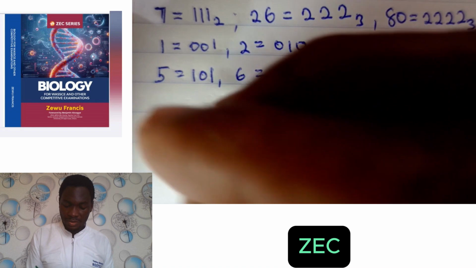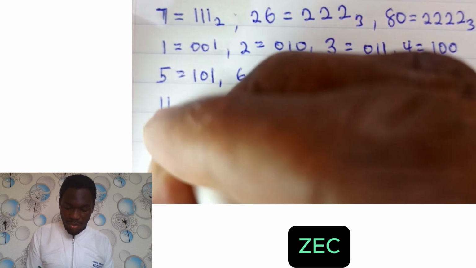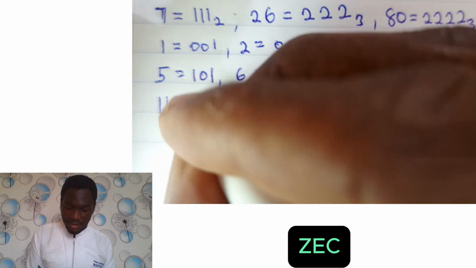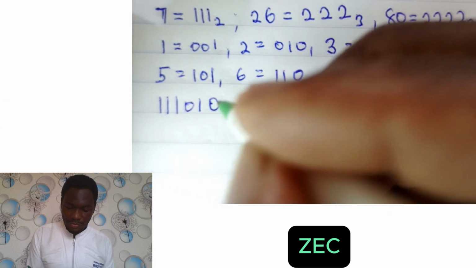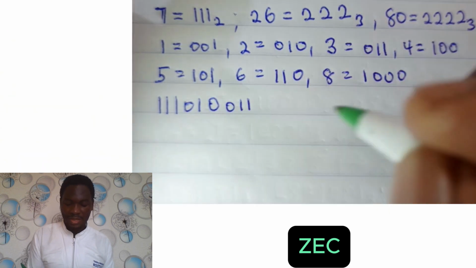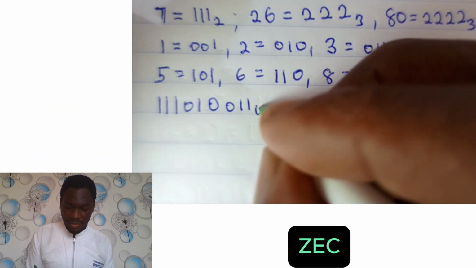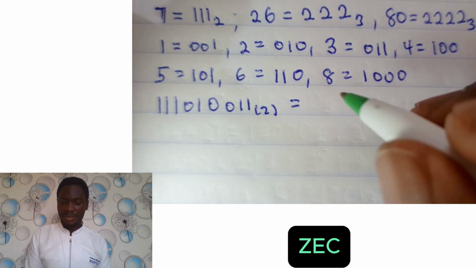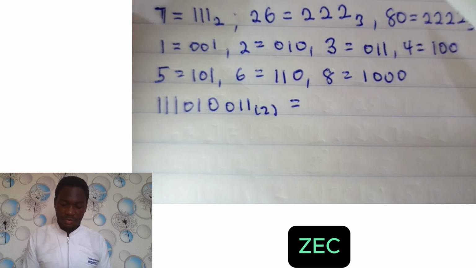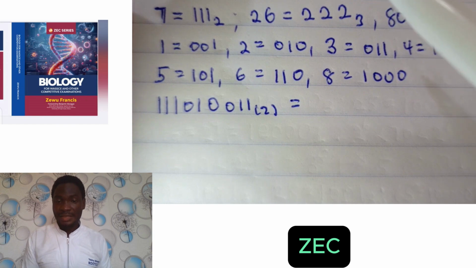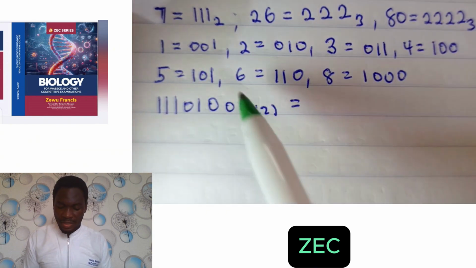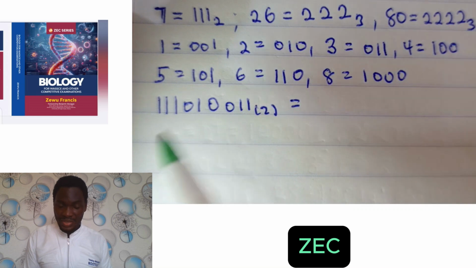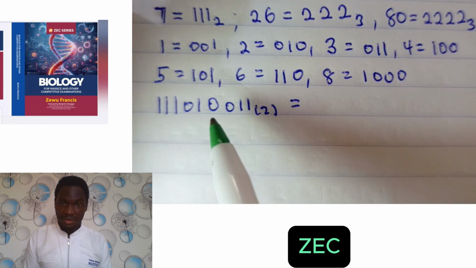So for example, we want to write 1, 1, 1, 0, 1, 0, 0, 1, 1, a base 2 number, as a base 8 number. Now this is what we do. Because 8 is 2 exponent 3, we group this number into 3 digits, 3 digits, from right to left, and then we do the conversions.